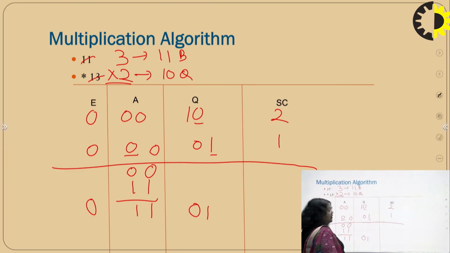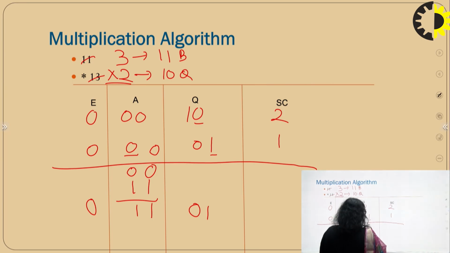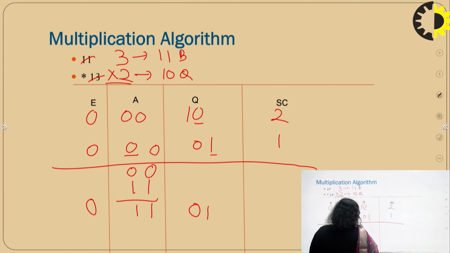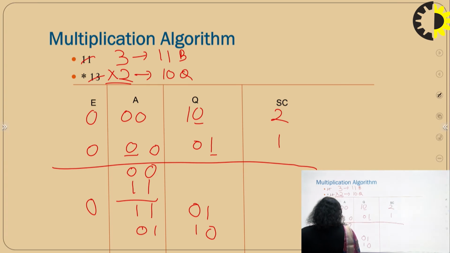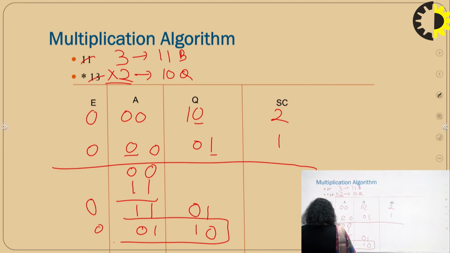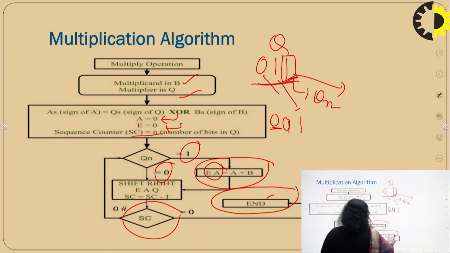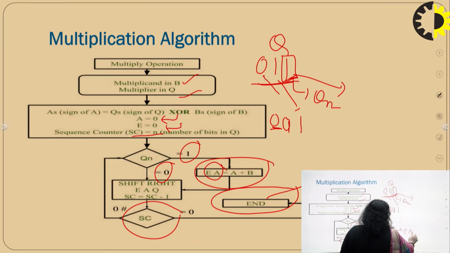Now we do the shifting process again. So this one is out, and it becomes 1 1 0, again 0. The resultant is EAQ.